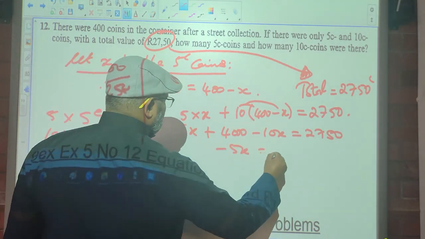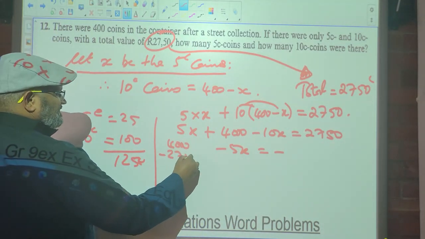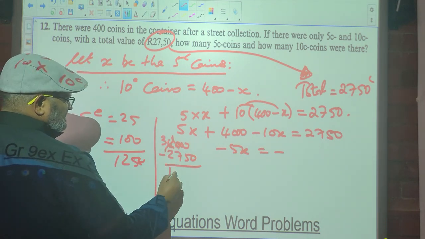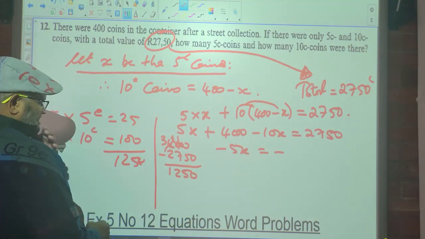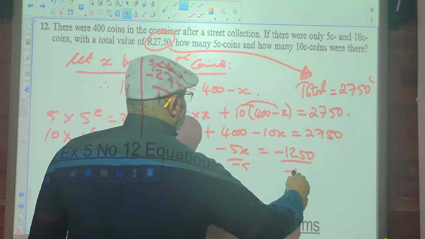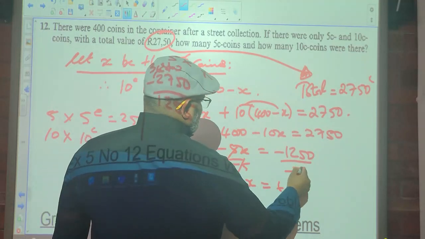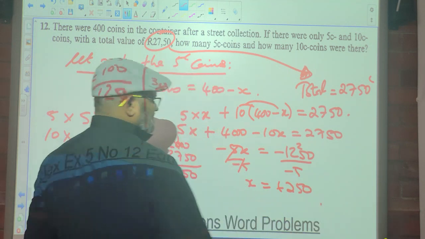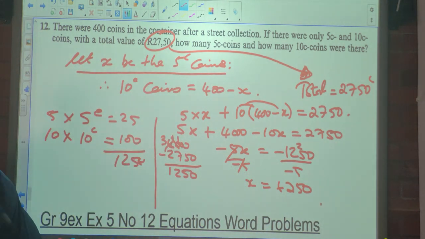So negative 5x is equal to 400 minus 2,750, so the answer should have been negative: negative 2,350. Divided by negative 5 both sides. So x is equal to, that will be positive, 2,350 divided by 5. 5 goes into 23 four times, carry 3, 5 goes into 35 seven times, and then 0. So x is 470. Who got 470? Okay, I'm feeling better about myself now.